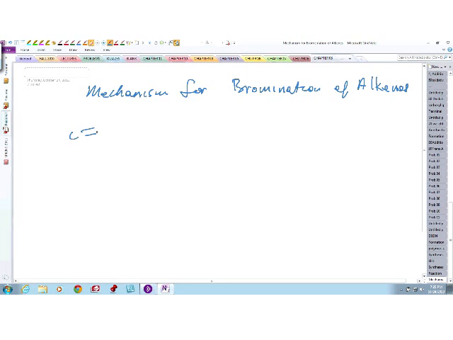Remember we told you, if we have this and we have bromine, bromine reacting with a carbon-carbon double bond, we told you that this is a syn addition reagent. I'm sorry, this is a trans addition reagent.